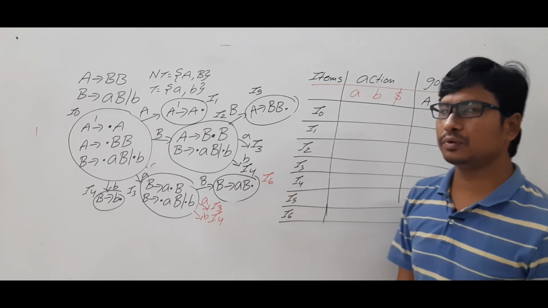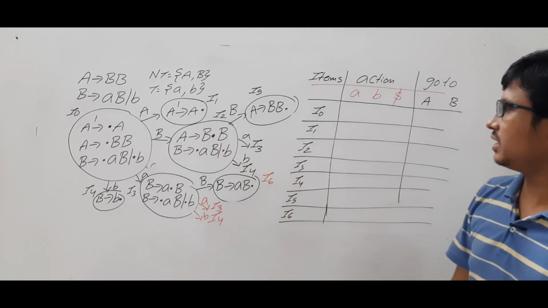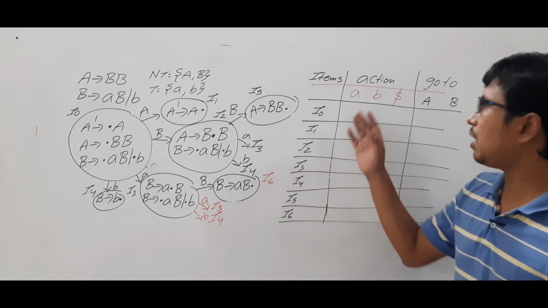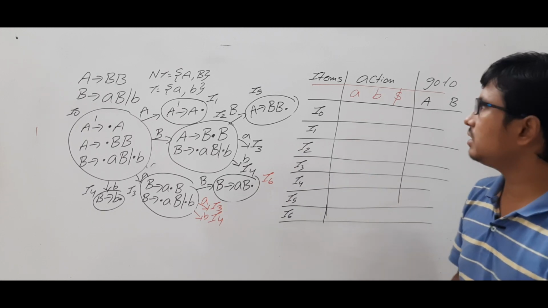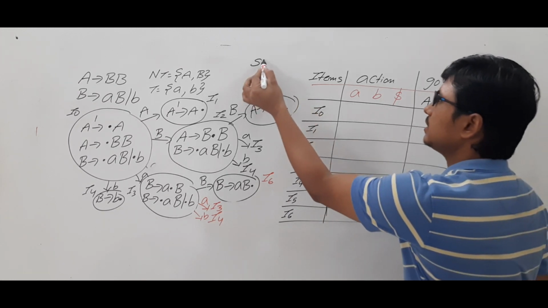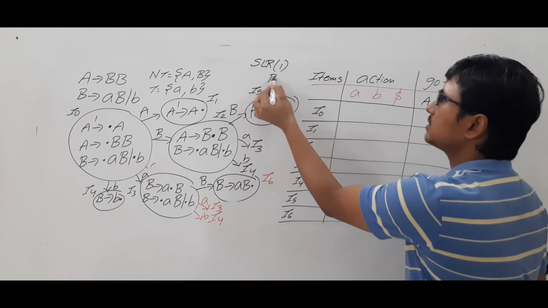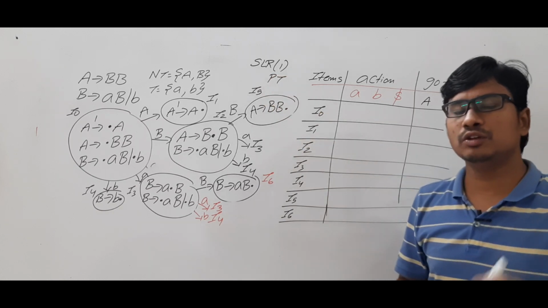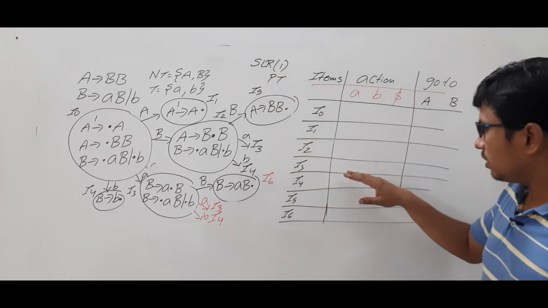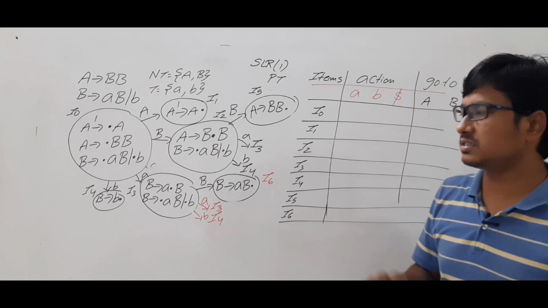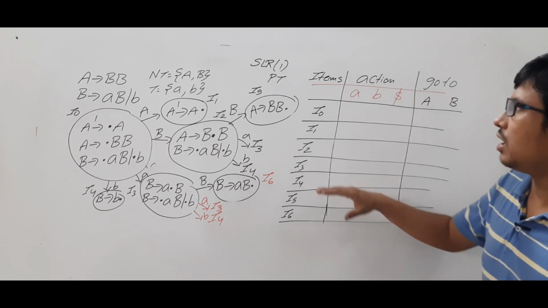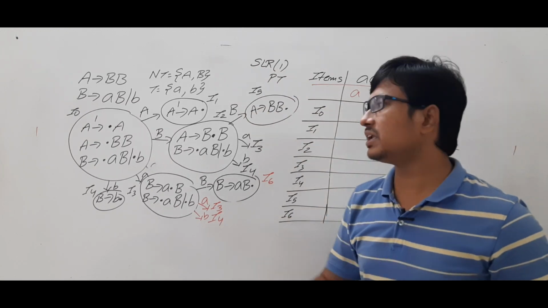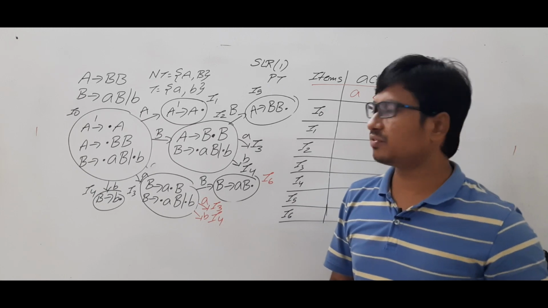We have only I0 to I6, so totally we have 7 items. Now from these 7 items we have to complete the SLR1 parsing table. The entire process is the same as the LR0 parsing table, only the reduction move has a difference. Except for the reduction move it is almost the same as the LR0 parsing table. Anyway, don't worry, I will discuss it, then you will understand the difference also.